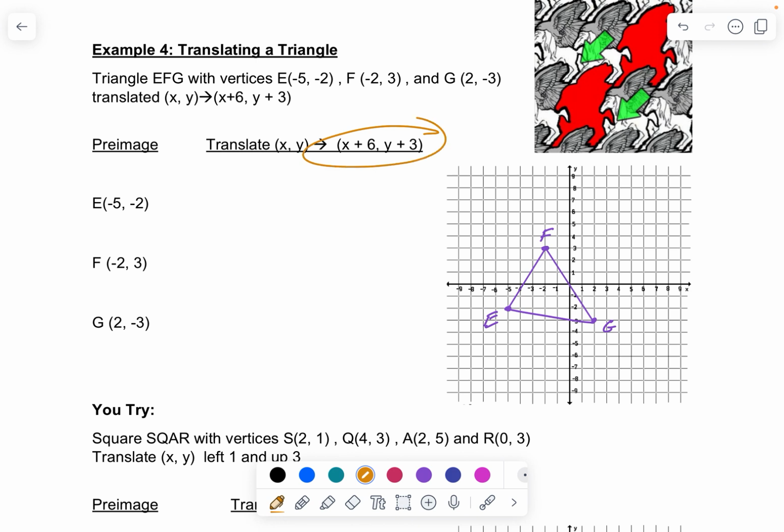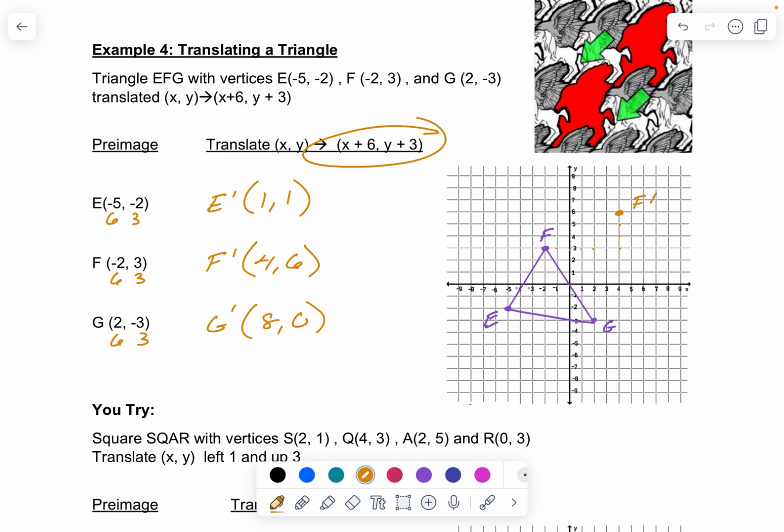So remember, we can come up with these ordered pairs. Let's try to do it this way. Let's see, E prime should be at 1, 1. F prime should be at 4, 6. And G prime should be at 8, 0. Well, let's see. We'll take each one at a time. So we're going to go 1, 2, 3, 4, 5, 6. 1, 2, 3.